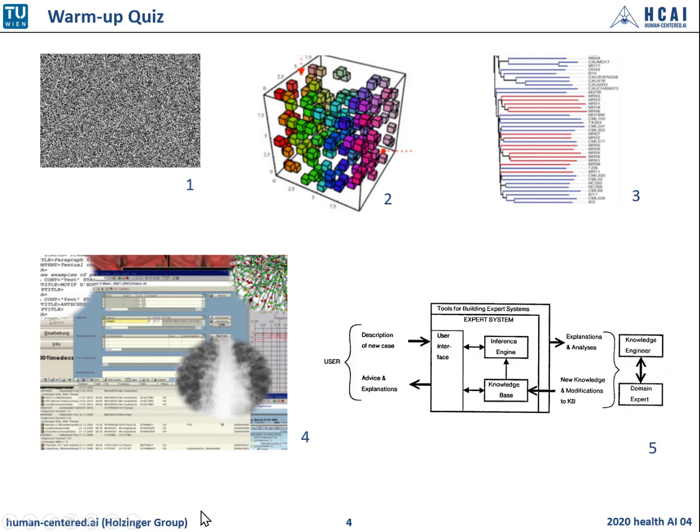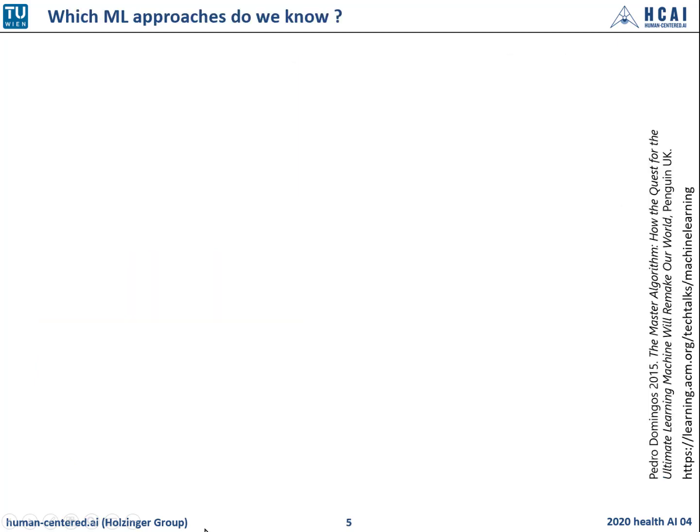Okay, after this warm-up quiz, we will quickly review which machine learning approaches we know. So this is a nice assumption from Pedro Domingos from the University of Washington. He could distinguish 5 mainstreams of machine learning. And this is generally good to know, so therefore we briefly review them here.